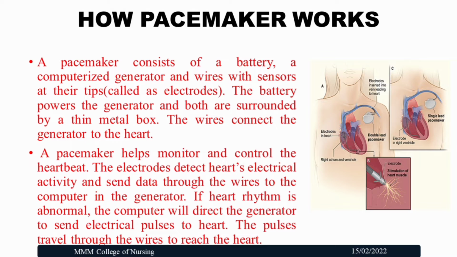The electrodes detect the heart's electrical activity and send the data through the wires to the computer in the generator. If the heart rhythm is abnormal, the computer directs the generator to send electrical impulses to the heart. The pulses travel through the wires to reach the heart.